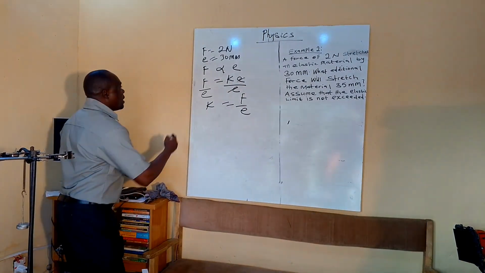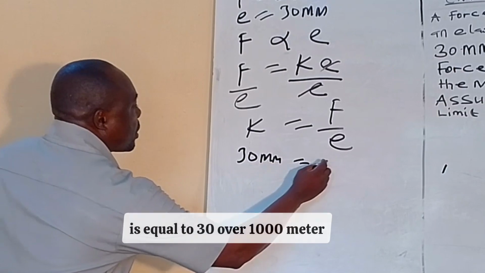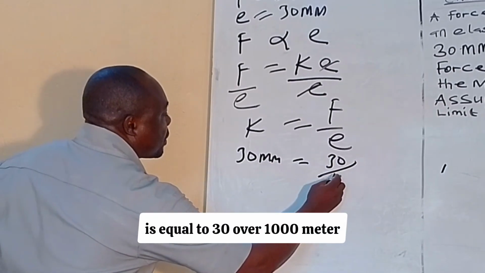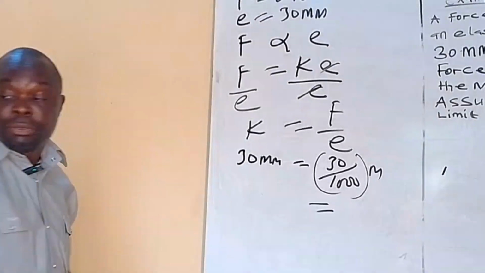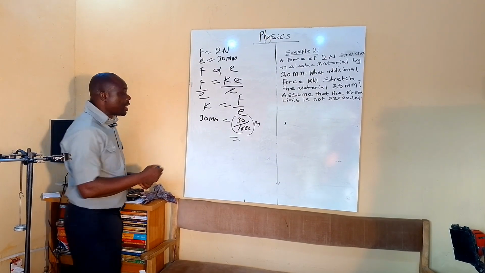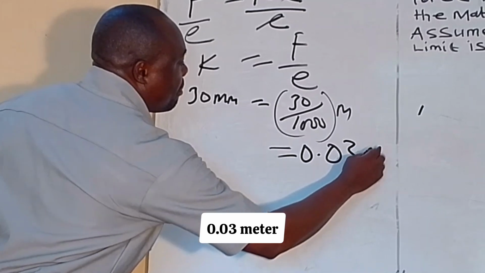So now 30 millimeter is equal to 30 over 1000 meter, which is equal to 0.03 meter.